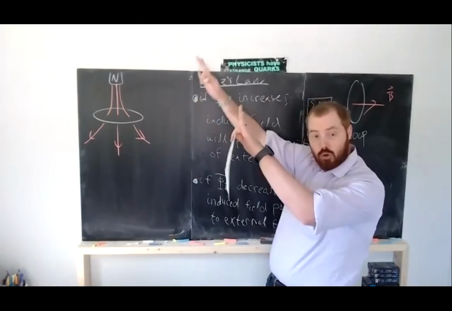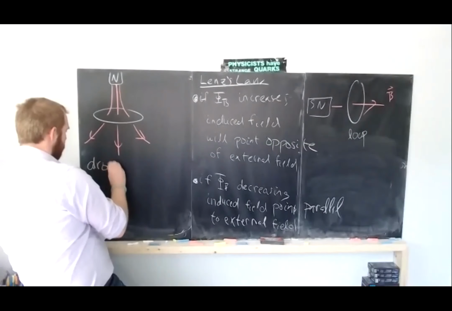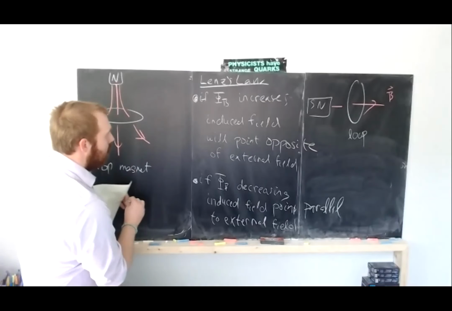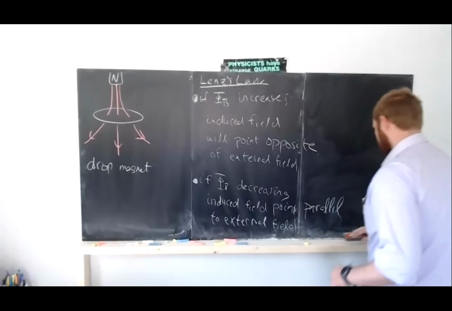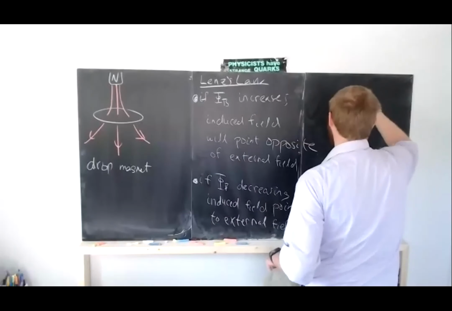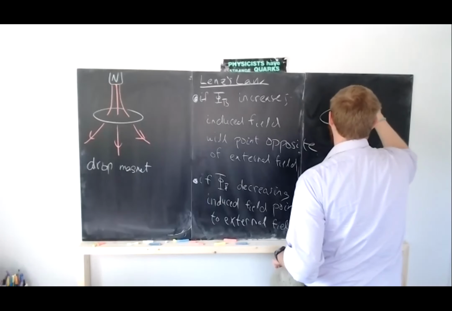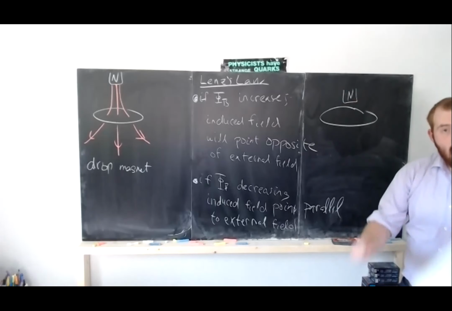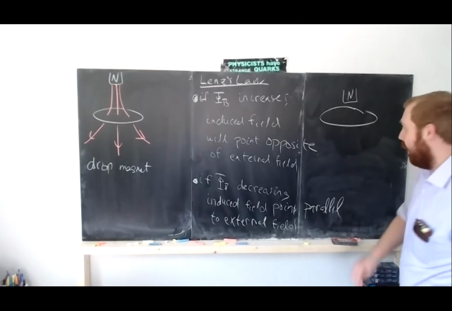And then we say drop the magnet, okay? I'm going to do that over here. So the magnet falls a little bit, it gets closer. As you get closer to the magnet, you're getting stronger and stronger magnetic fields.